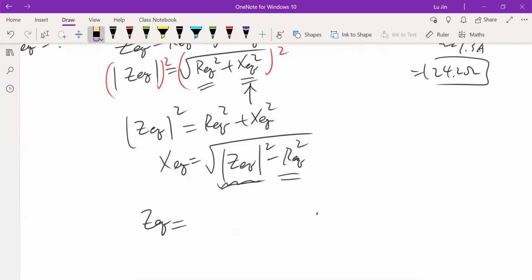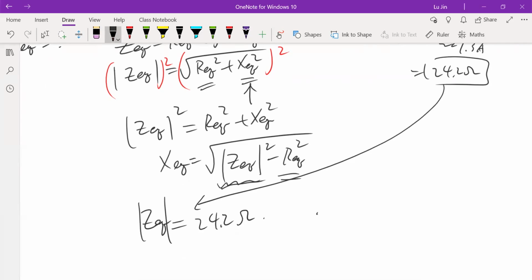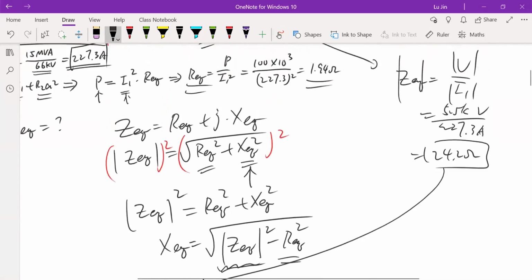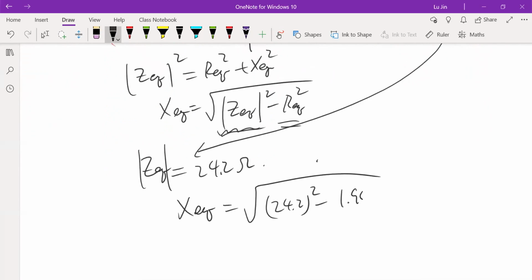So the magnitude of ZEQ is equal to 24.2 ohms. After knowing this, the equivalent reactance is equal to square root of 24.2 ohms squared minus 1.94 ohms equivalent resistance squared. Result is equal to 24.12 ohms. So this is the equivalent reactance.